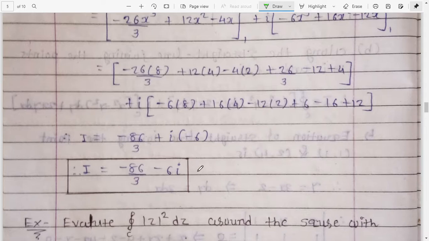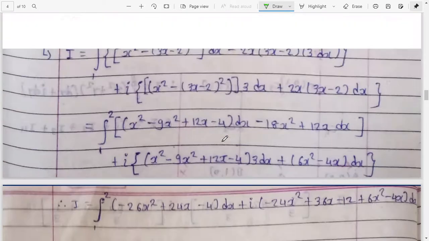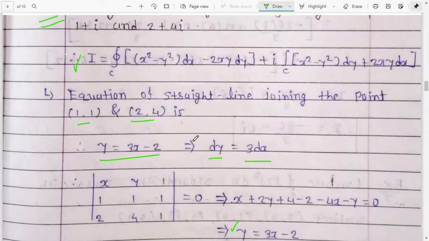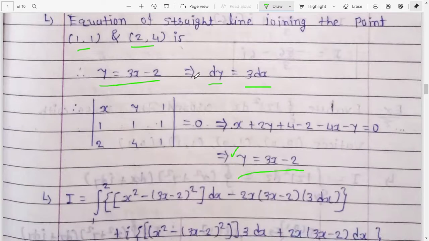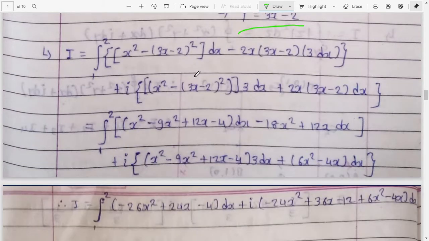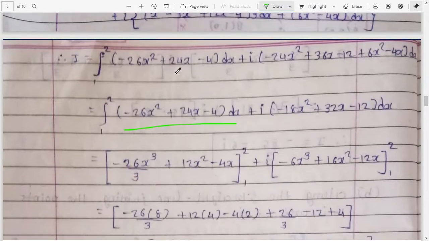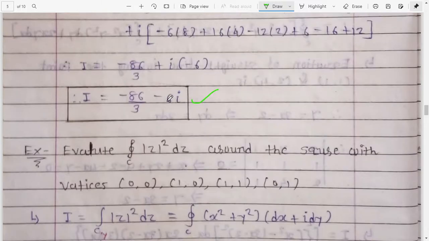This is the integration along the straight line joining the points 1 plus iota and 2 plus 4 iota. This is simply the integration of the complex number.